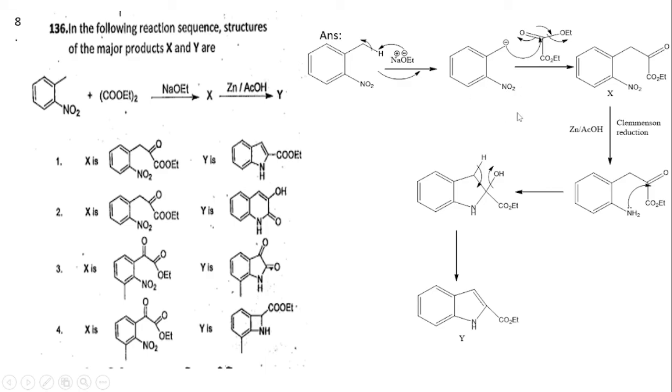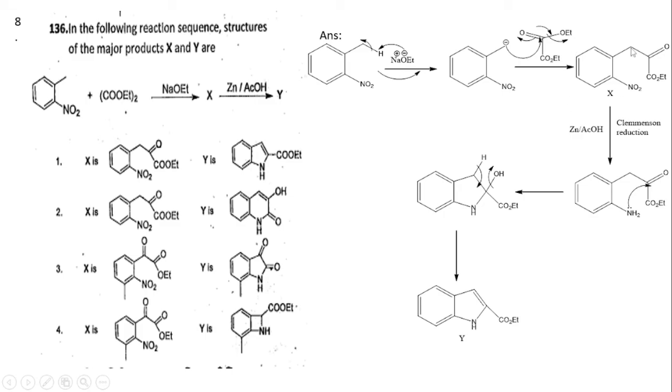And here, due to the presence of this NO2, these methyl protons are acting as an acid, because NO2 has an electron withdrawing effect. So this anion will attack on this carbonyl of this ester, diester, and it leads to the elimination of this ethoxide.